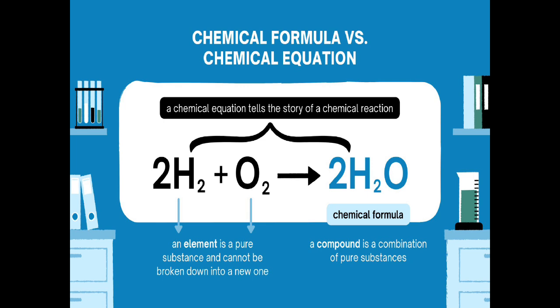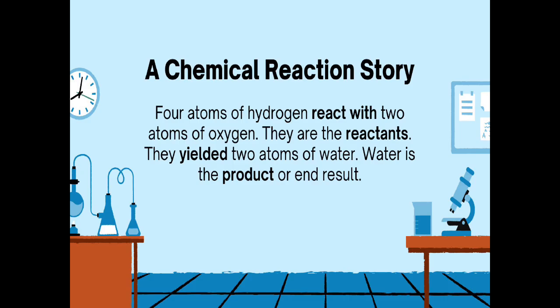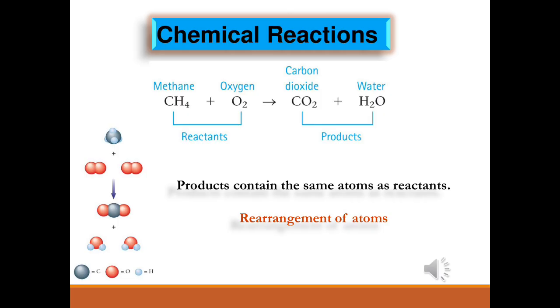A compound is a combination of pure substances. A chemical reaction story: 4 atoms of hydrogen react with 2 atoms of oxygen. They are the reactants. They yield 2 molecules of water. Water is the product or end result.